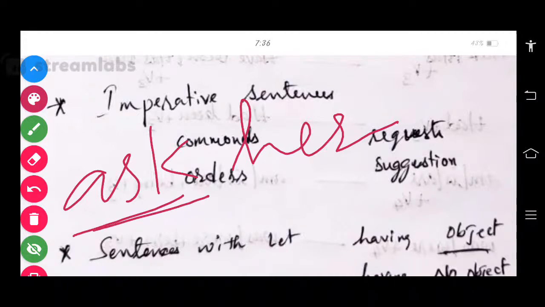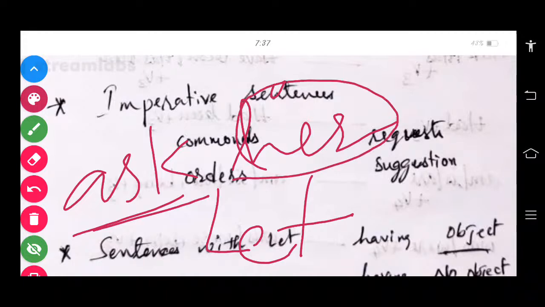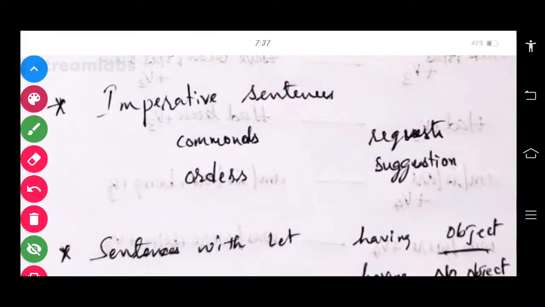Here, ask her is an order or a command. As it is an order, in passive sentence making, as we learned, the sentence has to start with let, and her is the object.